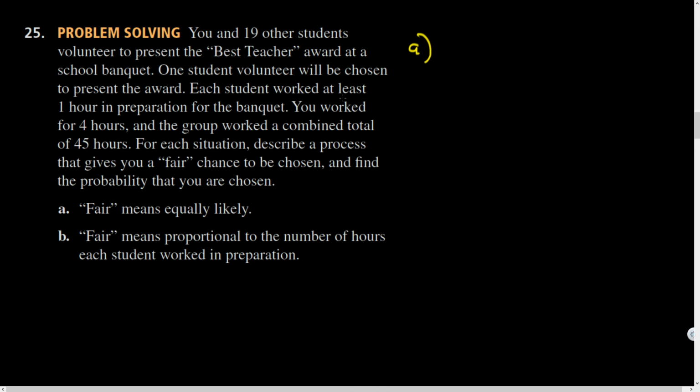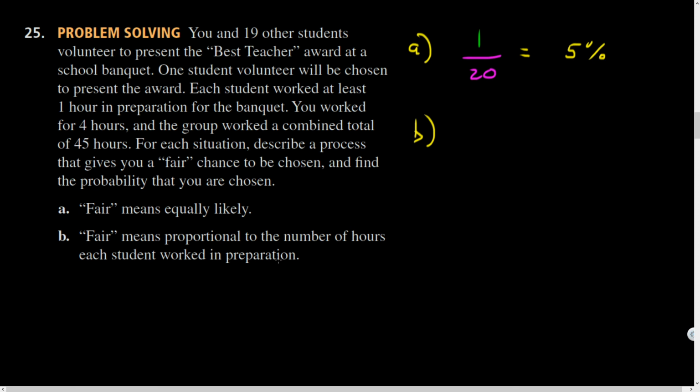Well, you would take 20 students, of which you are 1, and that is about a 5% chance of success. So you would just say, let's pick amongst the 20 students. Now, there's another way you could have defined fair in this situation, which in this case works in your favor.